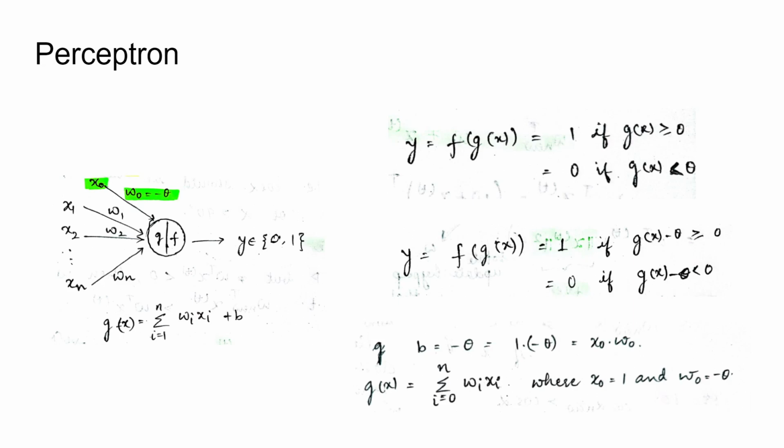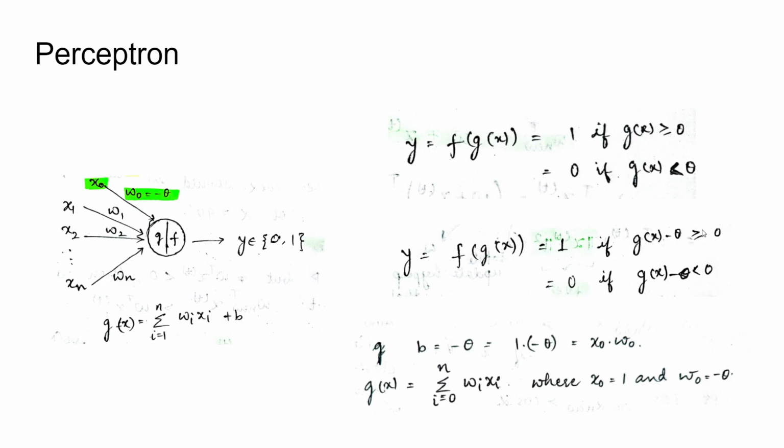So suppose, okay, also one thing to note here is that this y, which is defined as a function of g of x, is assigned a label of 1 if g of x minus theta, which is nothing but the summation for i equal to 1 to n of wixi plus b minus theta, is greater than or equal to 0.